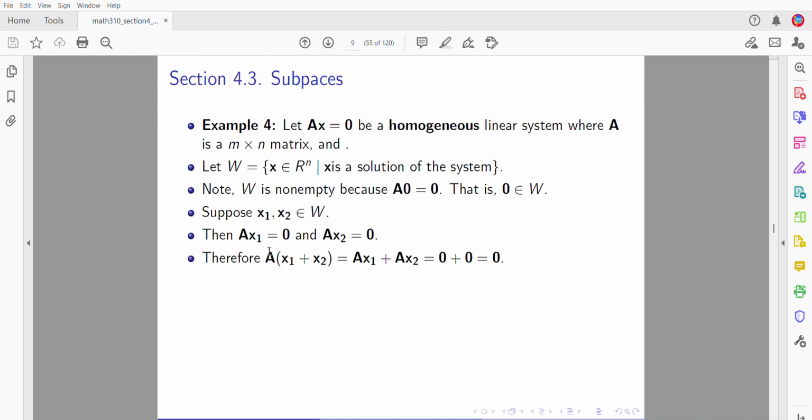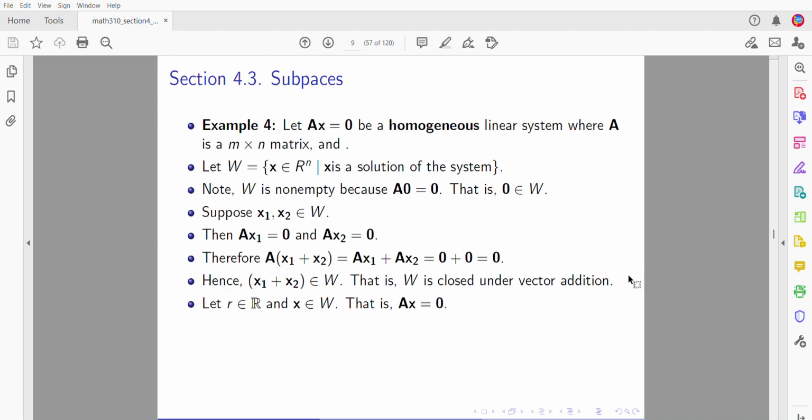But this is something you saw in chapter 2: matrix multiplication distributes over addition. So that is Ax1 plus Ax2. Ax1 is 0, Ax2 is 0, and 0 column plus 0 column is 0 column. That is, x1 plus x2 also solves the same linear system. Therefore, x1 plus x2 is in W. That is, W is closed under vector addition.